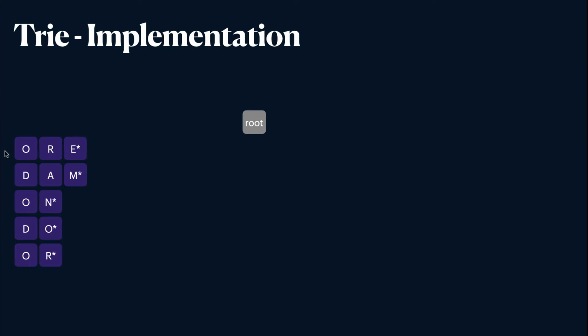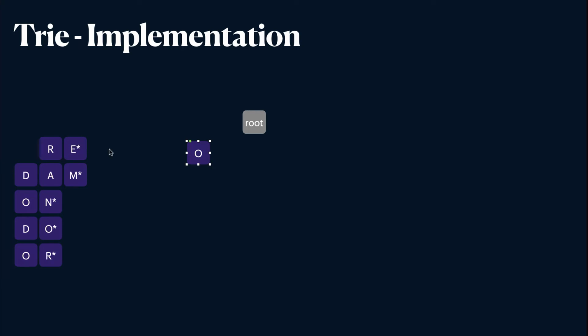Okay, let's first take the first word, or. Our root will be the start for every word, and we'll go symbol by symbol. The first symbol is O, and we check if our current root has such a child. It doesn't, so we add it here. I'll leave some space because we'll have multiple branches. This will be a sub-branch of the first branch of the root.